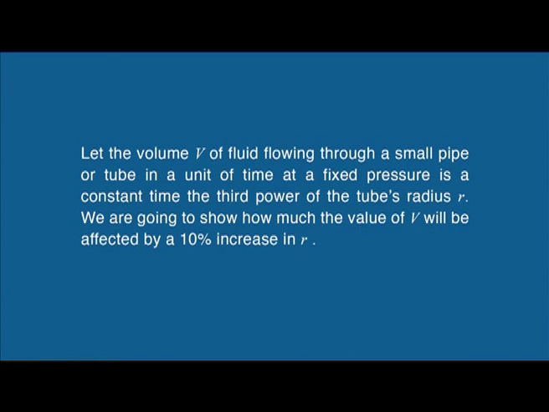As another example, let the volume V of fluid flowing through a small pipe or tube in a unit of time at a fixed pressure be a constant times the third power of the tube's radius r. We are going to show how much the value of V will be affected by a 10% increase in r.